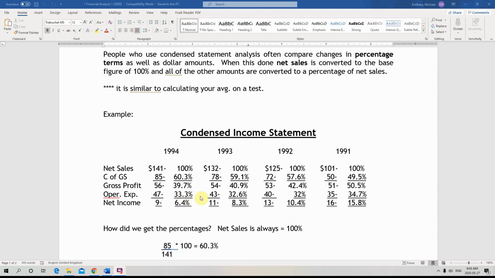Now, if you look, operating expenses actually went down as a percentage of net sales, because in 91 it was 34.7%, but in 94 it was 33.3%. So really, operating expenses are not our issue. The issue is cost of goods sold.